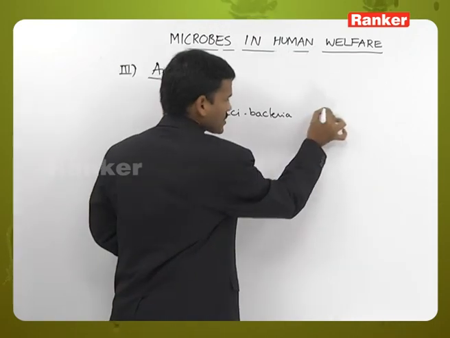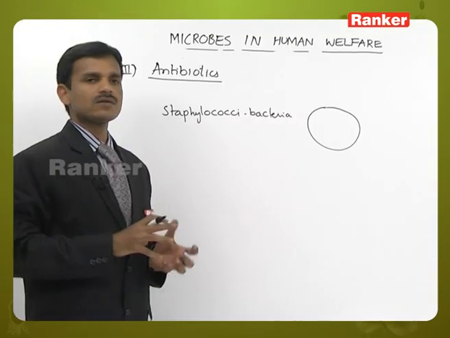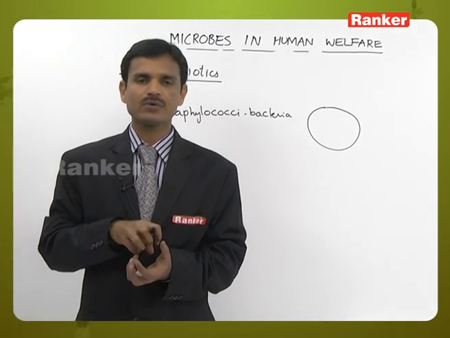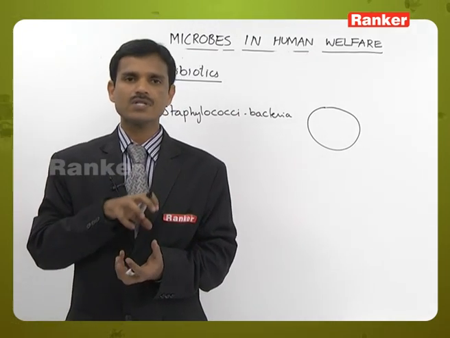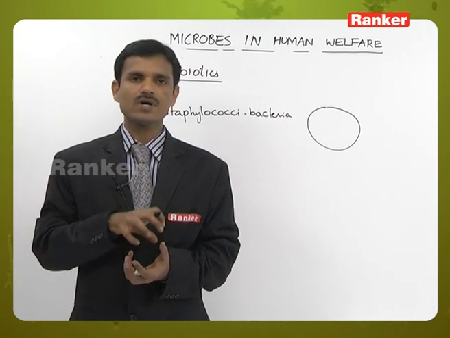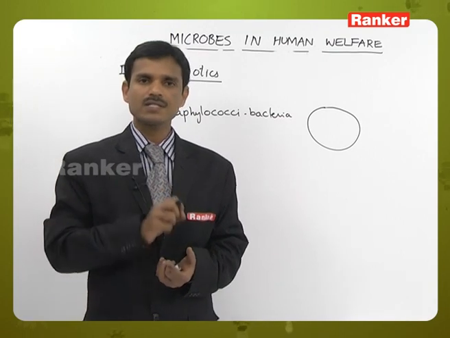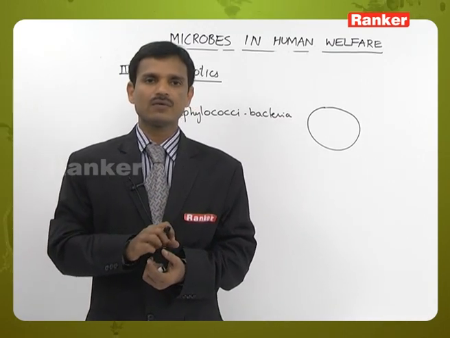In the petri dish, the Staphylococcus bacteria are there. In an unwashed petri dish, some bacteria are remaining. The bacteria are growing, but in some places no bacteria were observed.